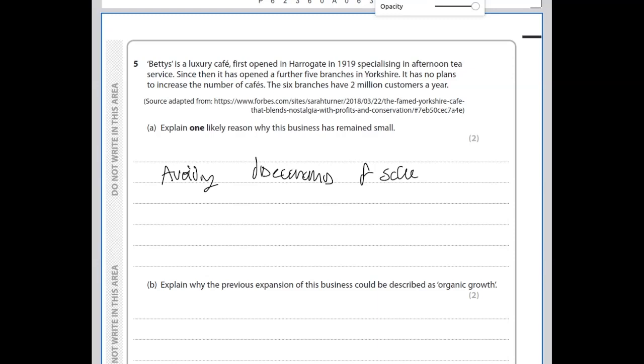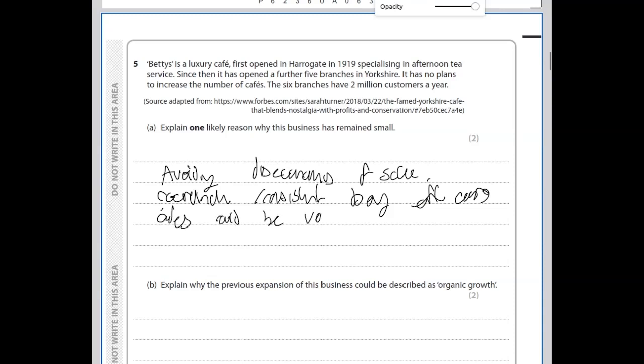And so you're going to want to link development here, which is our one knowledge, one analysis, is just going to be trying to justify and explain that coordination across several cafes could be expensive, consistent branding across cafes could be very expensive. There are other answers you could provide here.